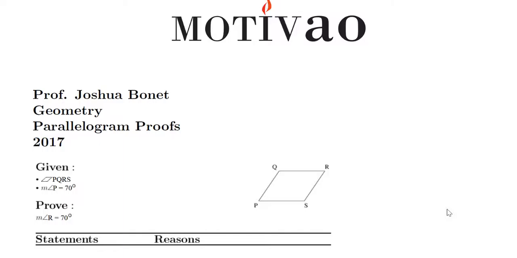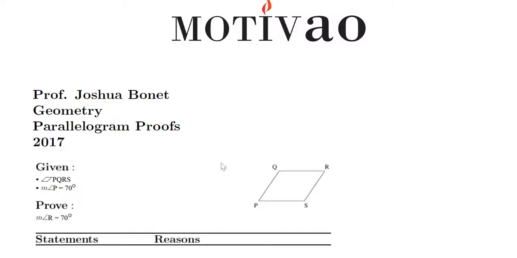Every statement, no matter how small or big, has to be backed by some mathematical reason. This is very hard for students because geometry is the first time you actually do proofs, but it's not the only class where you will do proofs in the future, especially if you're taking a very mathematical class.